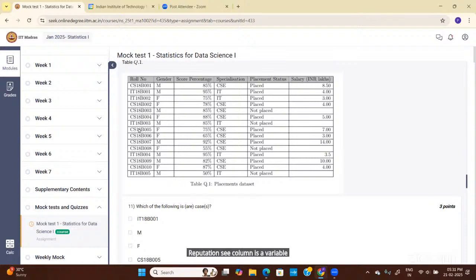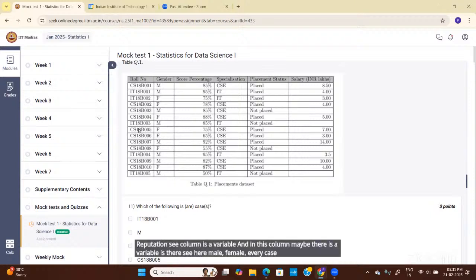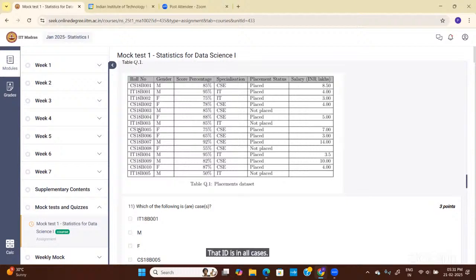Male, female is information for every case. But the first column, the title roll number, is a variable, while the individual items, those numbers, IDs, are cases. Right, madam? These different roll numbers are the different cases because they are unique.